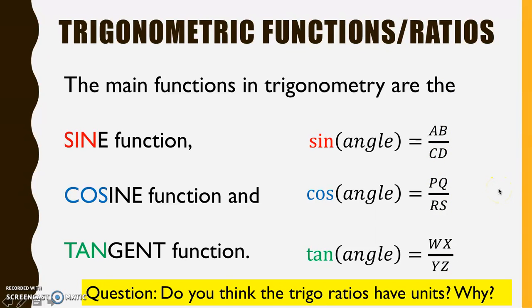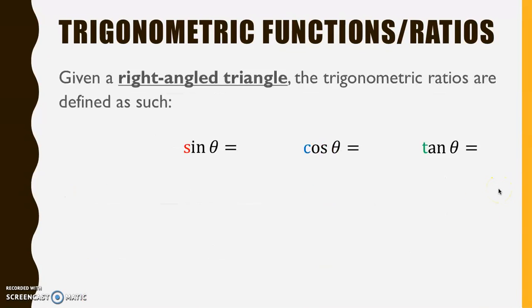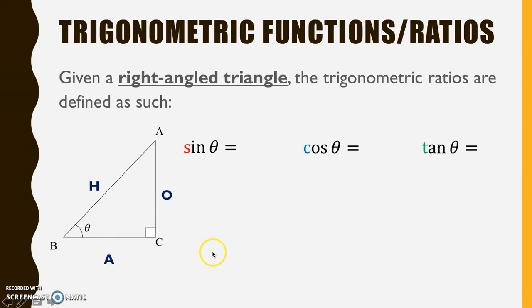So how do we relate this back to the right-angled triangle? Given a right-angled triangle, the trigonometric ratios are actually defined as such. Just to quickly recap, this side over here is the hypotenuse. This side over here, which is opposite the angle of reference, is the opposite, and this side over here is the adjacent. So sine of the angle of interest, or the angle of reference, is defined as the opposite side over hypotenuse, opposite over hypotenuse.